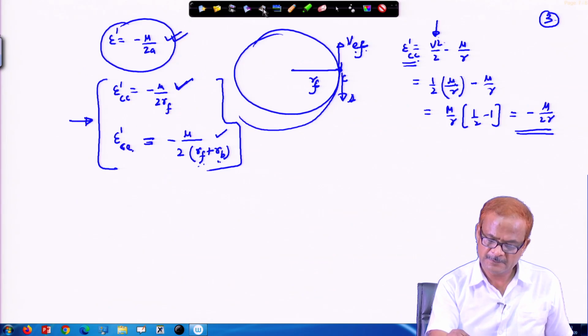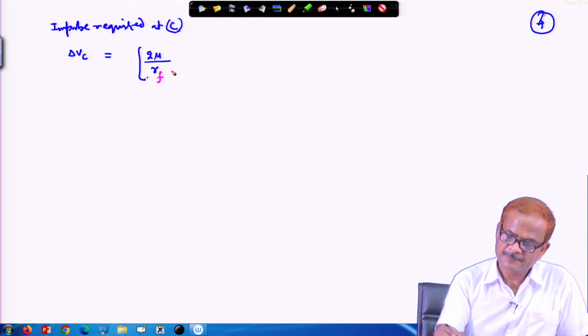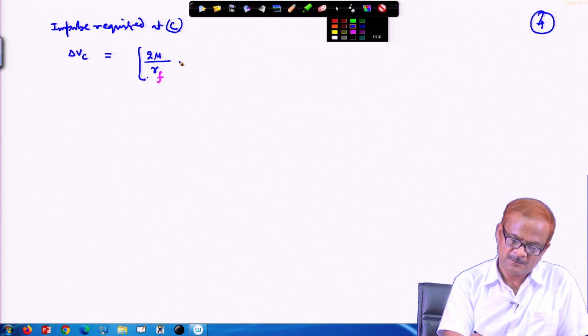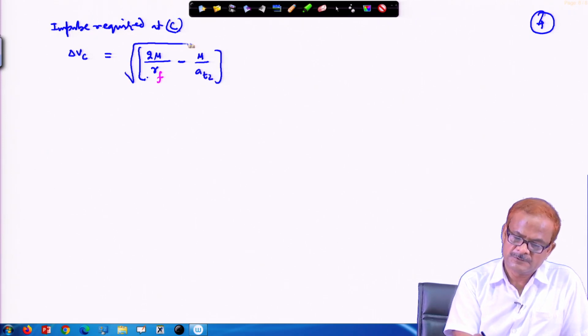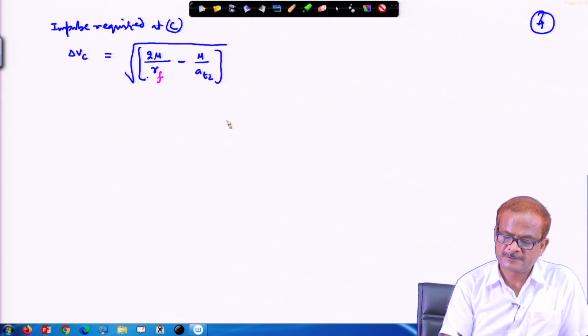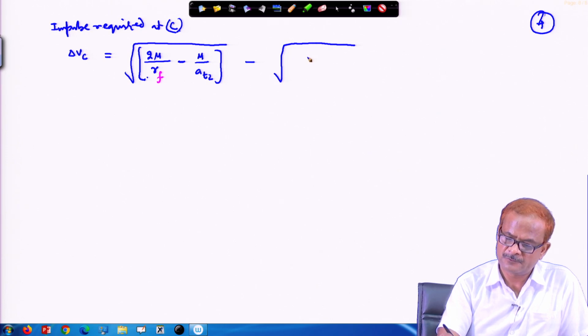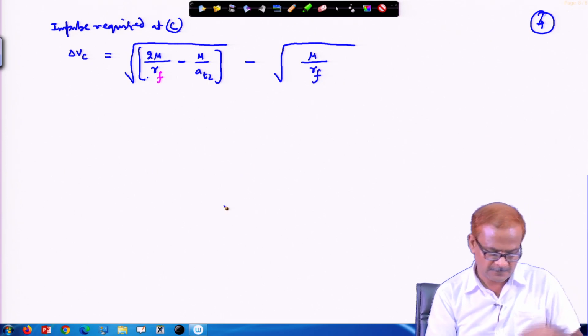So, 2 mu by R F minus mu by A T2, under root. This is the velocity at point C in the transfer orbit minus the velocity in the circular orbit at point 2, and that will be mu by R F.